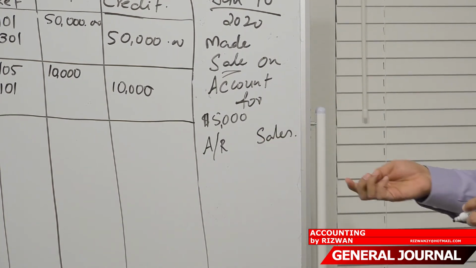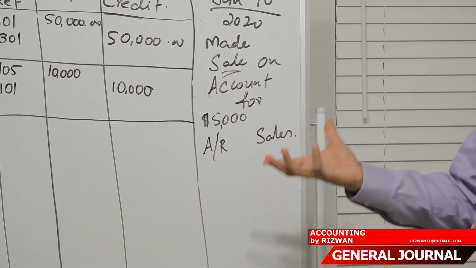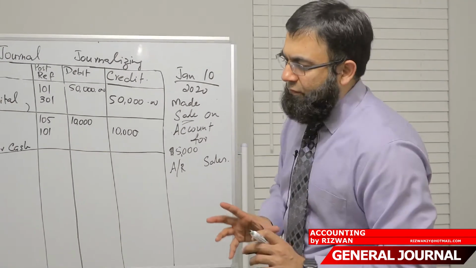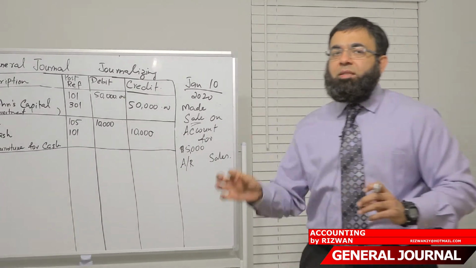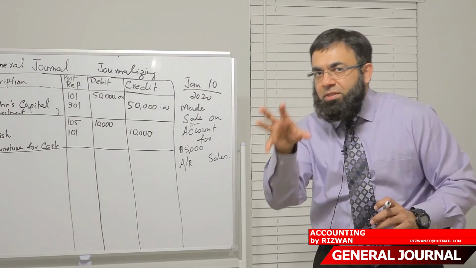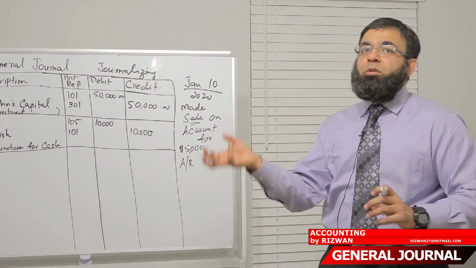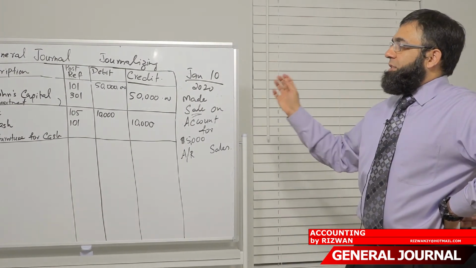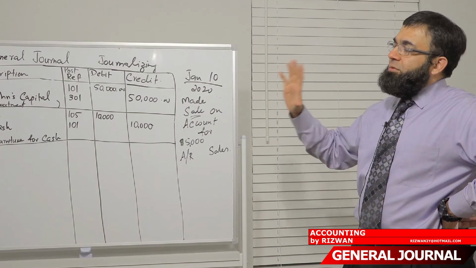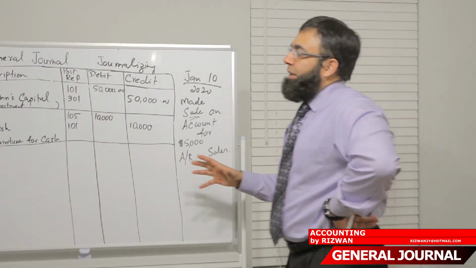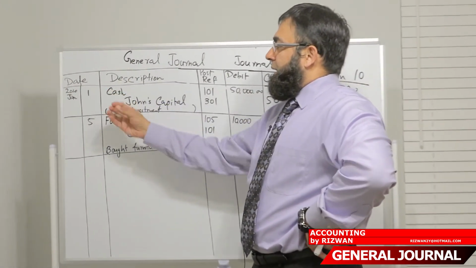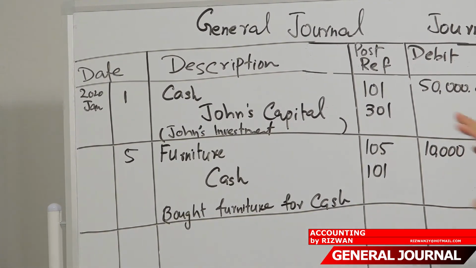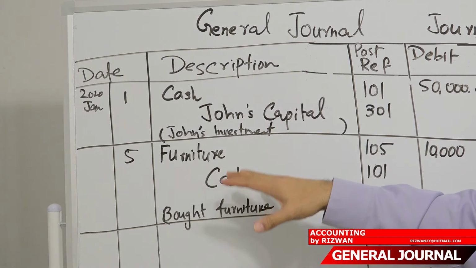Account receivable, guys, a lot of the time people get confused, but always remember one thing: since you have to receive money, it needs to be converted into cash. In the previous three transactions, I told you this is the account affected, and this is what goes on over here, like cash and John's capital and everything.